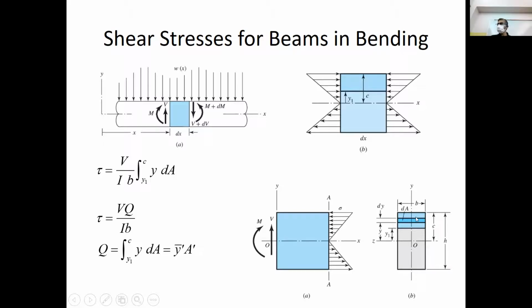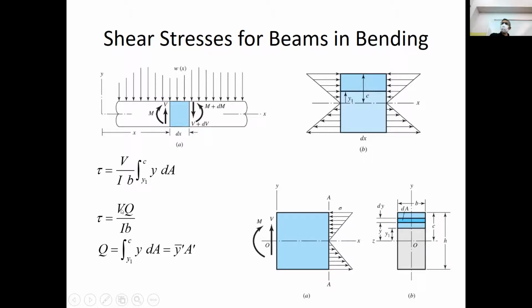If I find the centroid of A prime, the distance from the centroid to the neutral axis is y prime bar. So basically Q is equal to y prime bar times A prime. This is the first moment of the shaded area A prime with respect to the neutral axis.